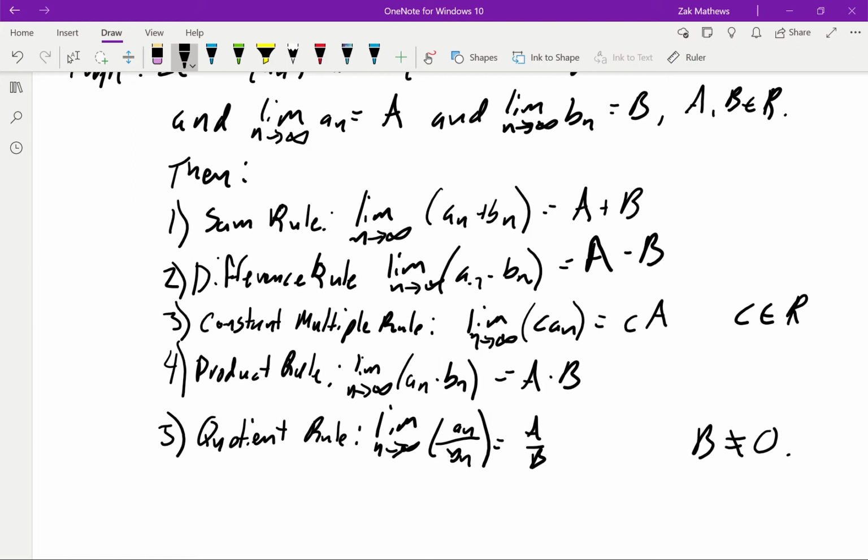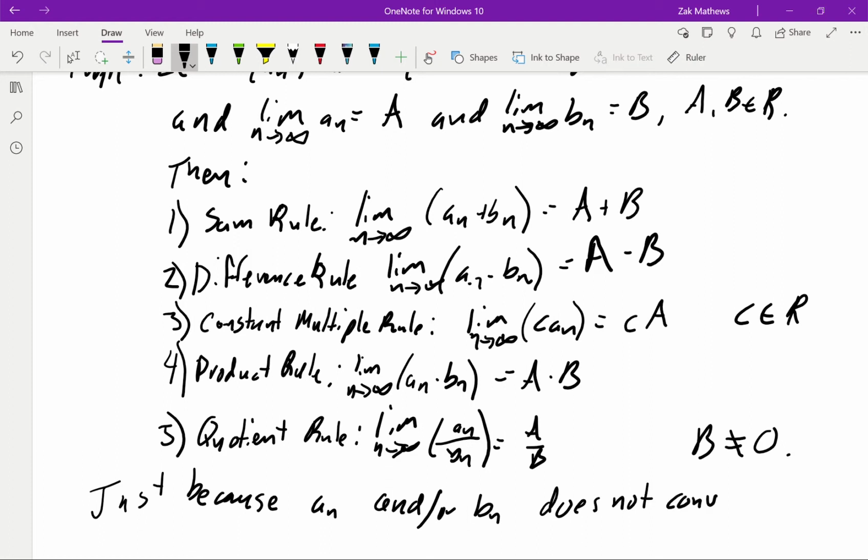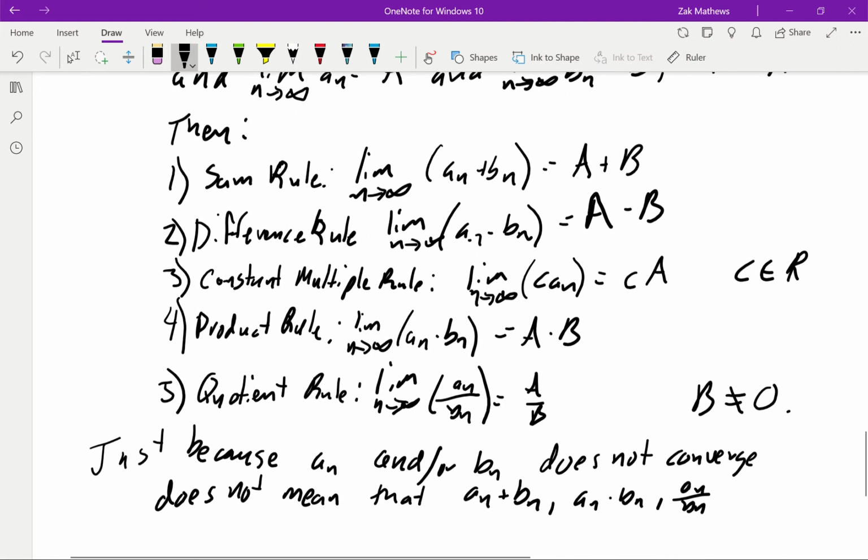Now, there is something a little different to note here, which is to say that just because a_n and or b_n does not converge does not mean that a_n plus b_n, a_n times b_n, a_n divided by b_n doesn't converge.